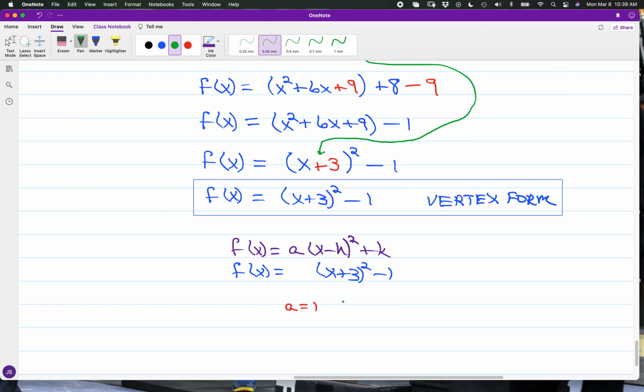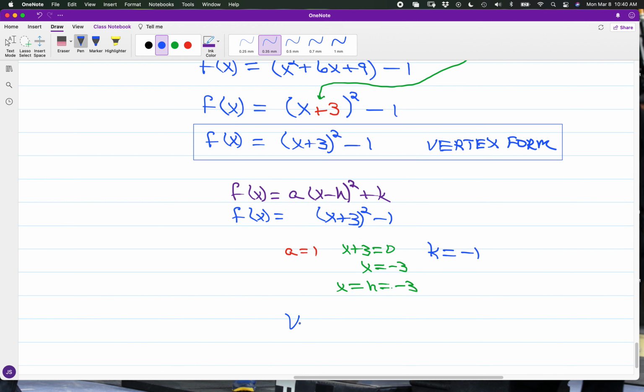And from x plus 3, if x plus 3 is 0, I have that x is equal to negative 3. So x is equal to h is equal to negative 3. And with the value of k, we have subtraction to follow, so k is equal to negative 1. And so it's going to follow that the vertex hk is going to be negative 3, negative 1.